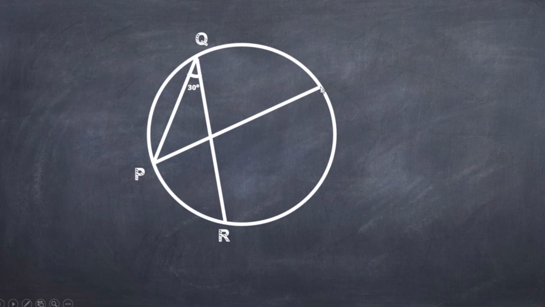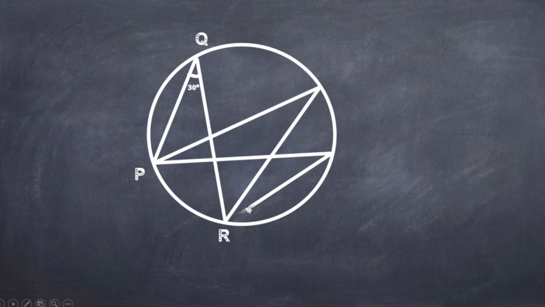So draw it from here and make sure the lines are from the same arc, and also draw the third point and label them S and T.